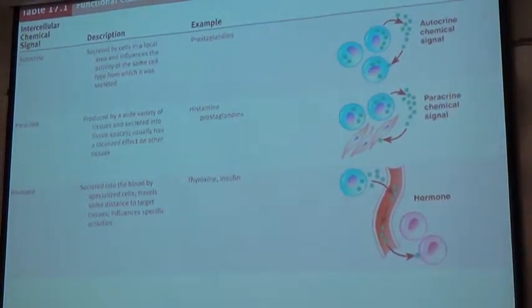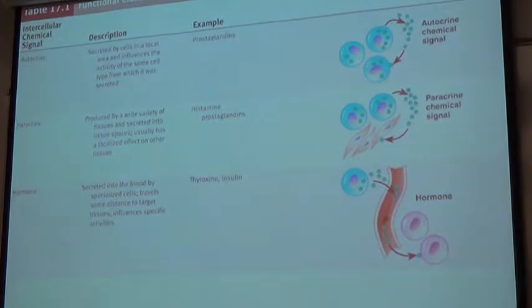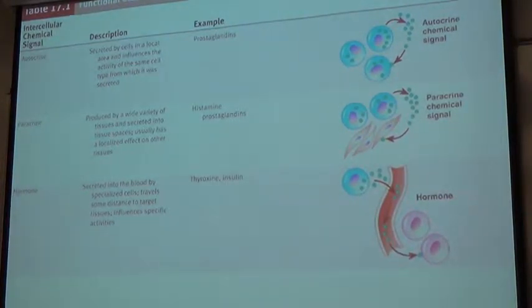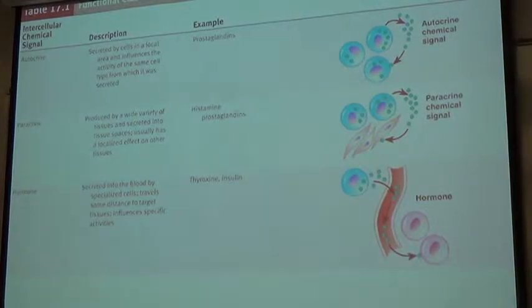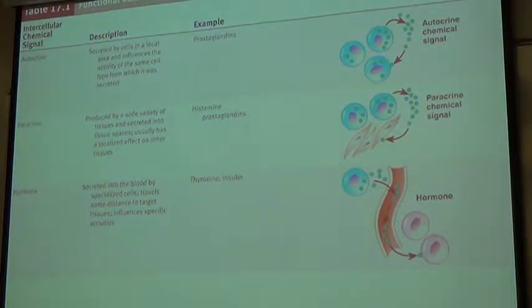So interstitial cells in the testes, which make testosterone, have receptors for luteinizing hormone. Smooth muscle cells in the stomach do not. So even though the chemical is there, it's not going to change the behavior of that cell.